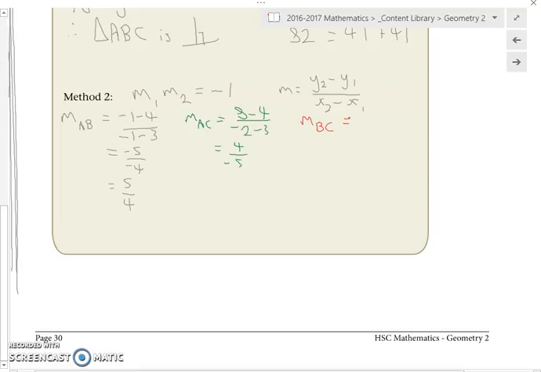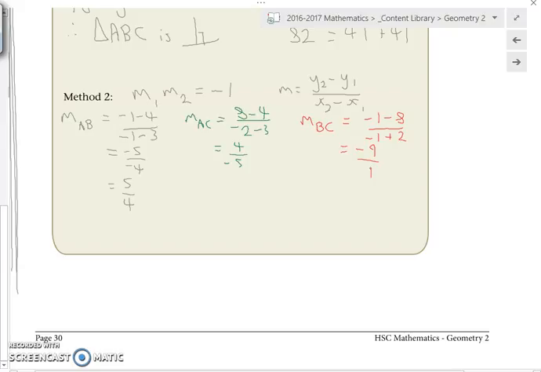So what would the gradient for BC be? Minus 1 minus 8 over minus 1 plus 2, is it? Okay.